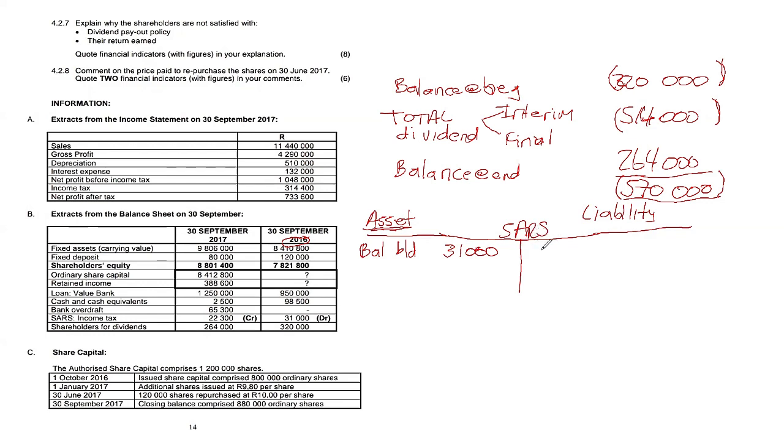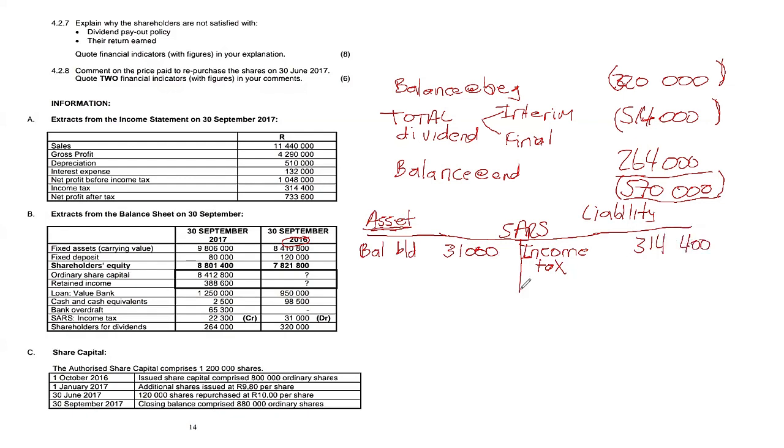However, income tax is always on the credit side. When you do the ledger for SARS income tax, your income tax is always on the credit side because income tax is a liability to the company. So now your income tax is given as 314,400.